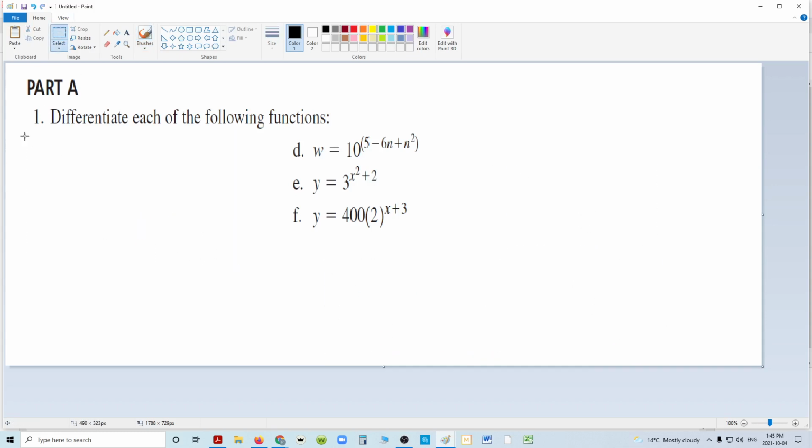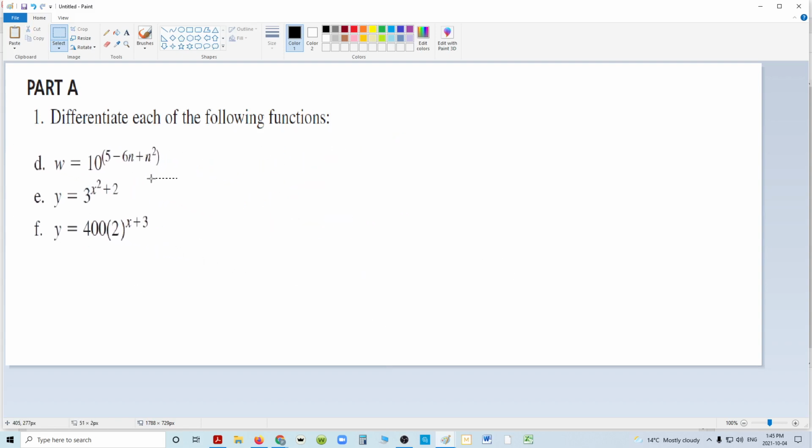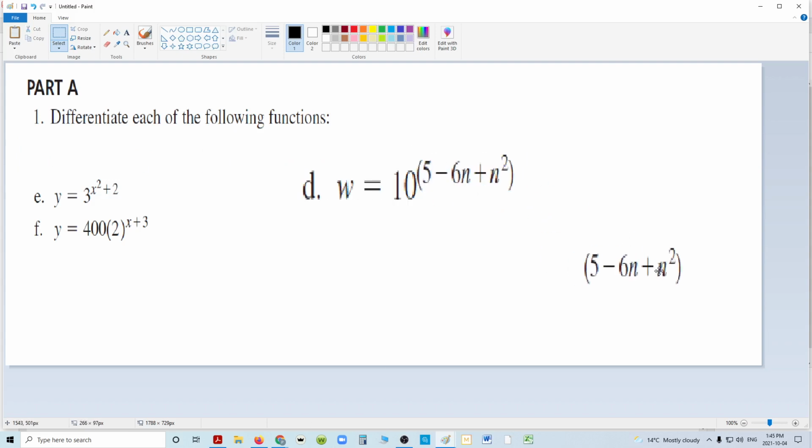Okay, what about these? Same rules, just you have to use more and more rules in combination. So I'm going to take this as a separate thing. We've got to find the derivative of it. We have to also multiply by the function itself and the ln of the base. So ln of 10.